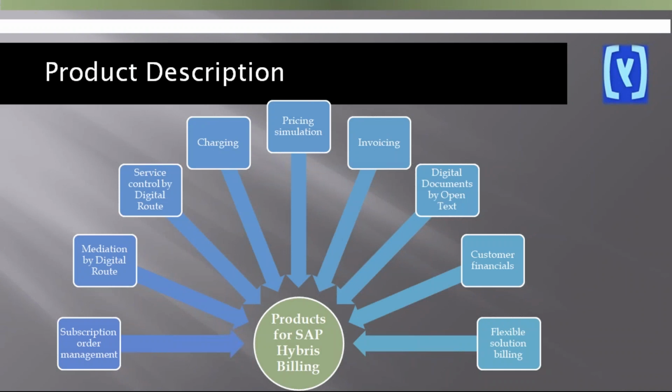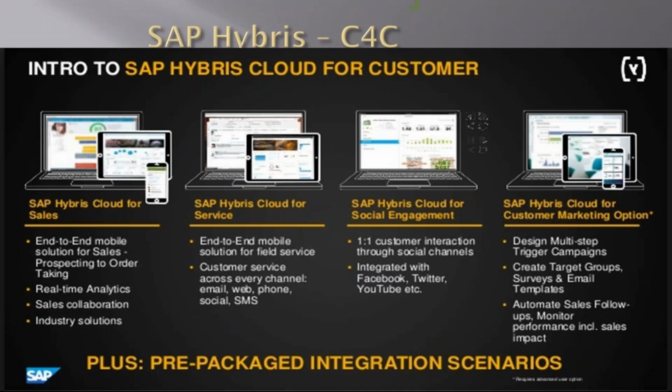Just now we discussed subscription order management, digital mediation or mediation by Digital Route, service controlled by Digital Route, charging, pricing simulation, invoicing, digital documents by OpenText. In the previous panel we discussed broadly 4 or 5 modules. If we divide a little bit into the input interface and the output interface, you can see the modules in more detail in this particular slide.